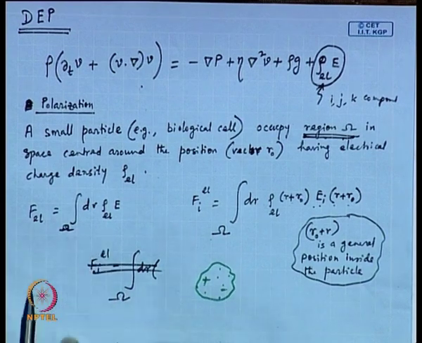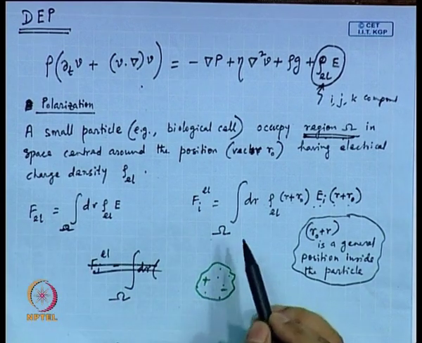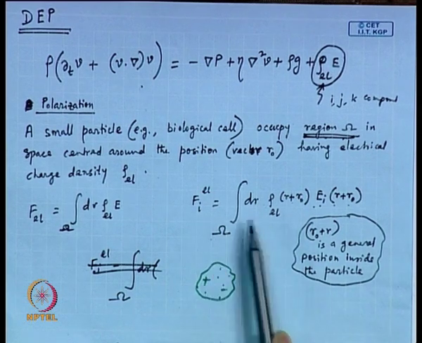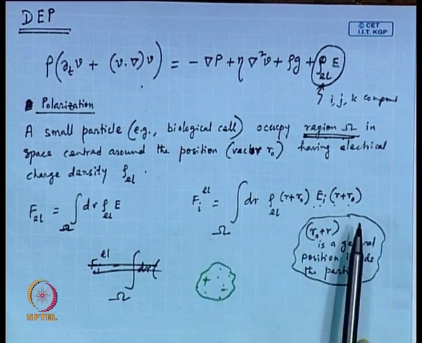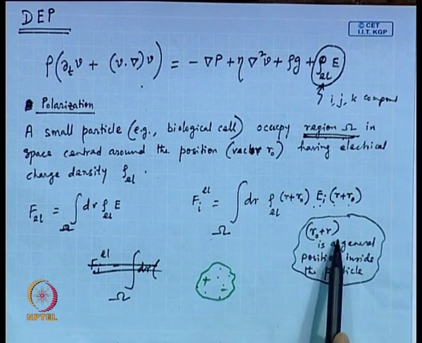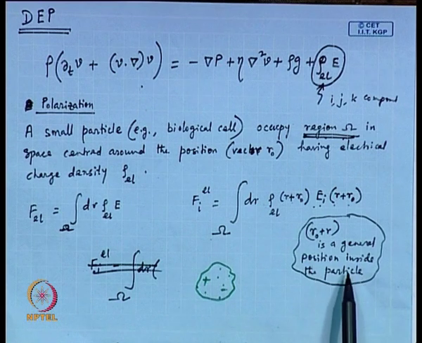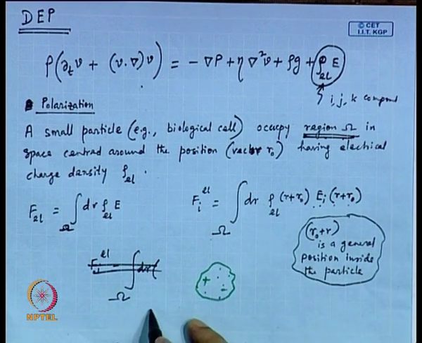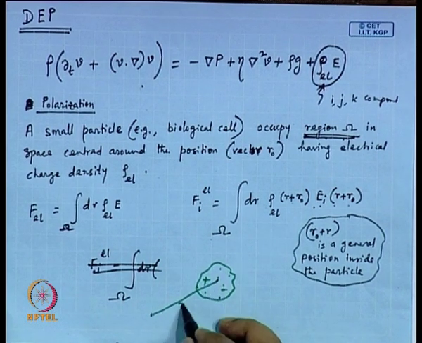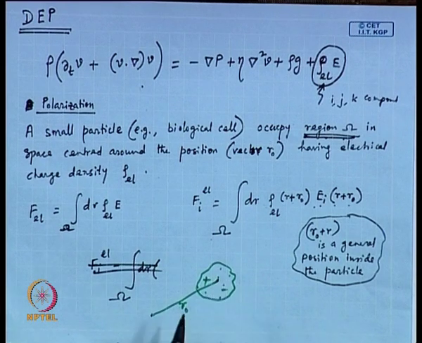So this is the force component, and the ith component of this force was given last time as this, the ith component of the force for DEP, where r0 plus r is a general position inside the particle. That means I have a reference point, and from there I have located this particle at a position vector r0.